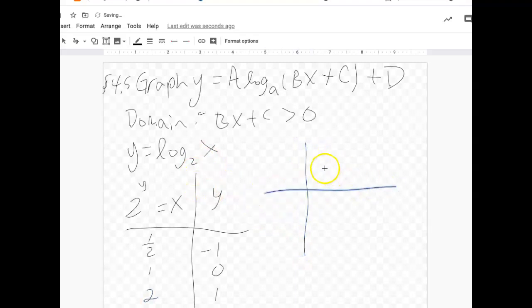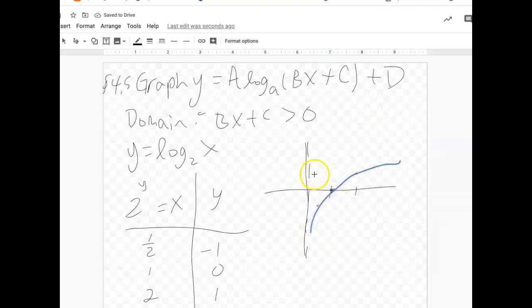And so when we graph this, I still have my vertical asymptote, and when you plot 1, 0, you'll be here, 1/2, -1, and then 2, 1. So the curve's doing something like this.